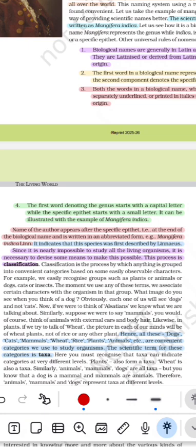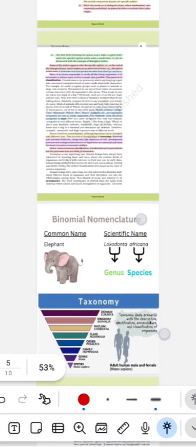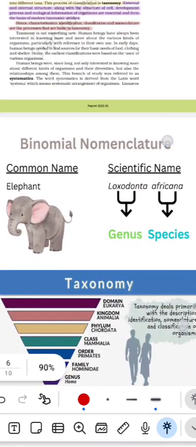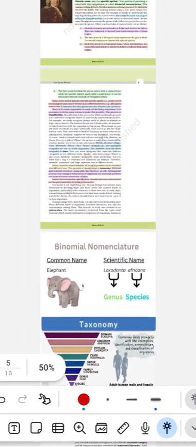It is necessary to classify some common characters, some common species to a group, some common groups to a family, common families to an order, and so on. Then class here is phylum for animals and division for plants.